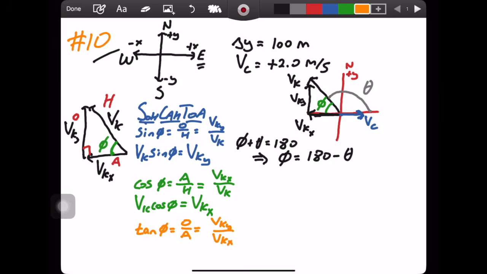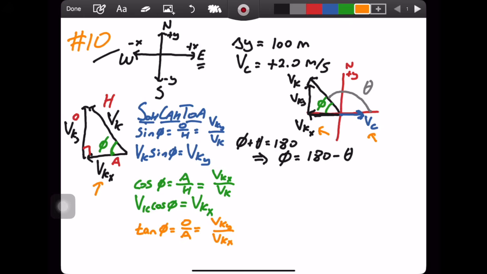And so that means that for the x component, that's what this term is right here, the x component of the kayaker's velocity, it's the same thing as what I point to right here, that needs to be equal and opposite to the velocity of the current. We know what the velocity of the current is, so we know that the velocity of the kayaker in the x direction is just equal and opposite that value.